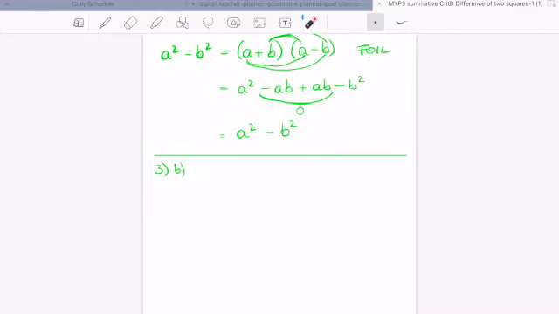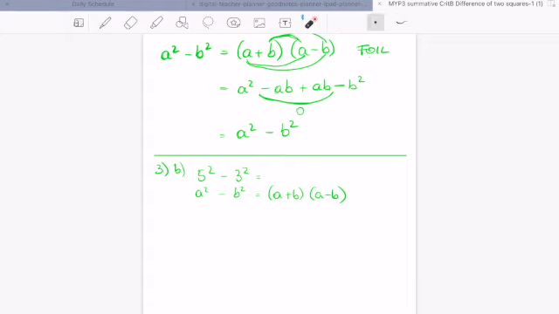So 5 squared minus 3 squared is equal to. And I'm going to use again this rule that we found. So a squared minus b squared is supposed to be (a + b) times (a - b). Now let's see if that's right for our problem.